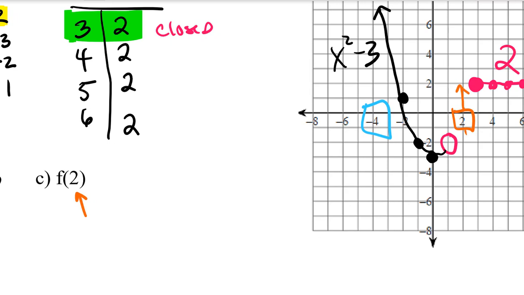If I look up or down, neither piece is in that region. In fact, everything in between those two pieces is what I think of as no man's land. No function is graphed there. And if you don't have a part of the function graphed in that area, that's what we call undefined. So that one is undefined.